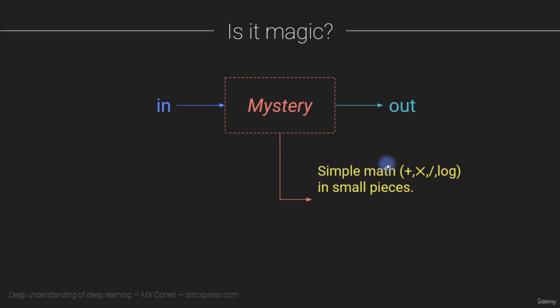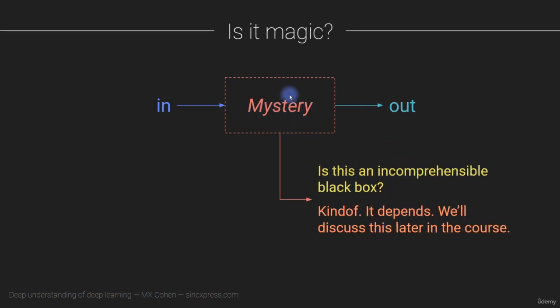In fact, most of the math is basic arithmetic. And then there's a little bit of calculus going on here, but if you have high school level mathematics, you can learn all the math that happens inside here. But there are lots and lots and lots of simple pieces that are all put together. So the result ends up being quite complex.